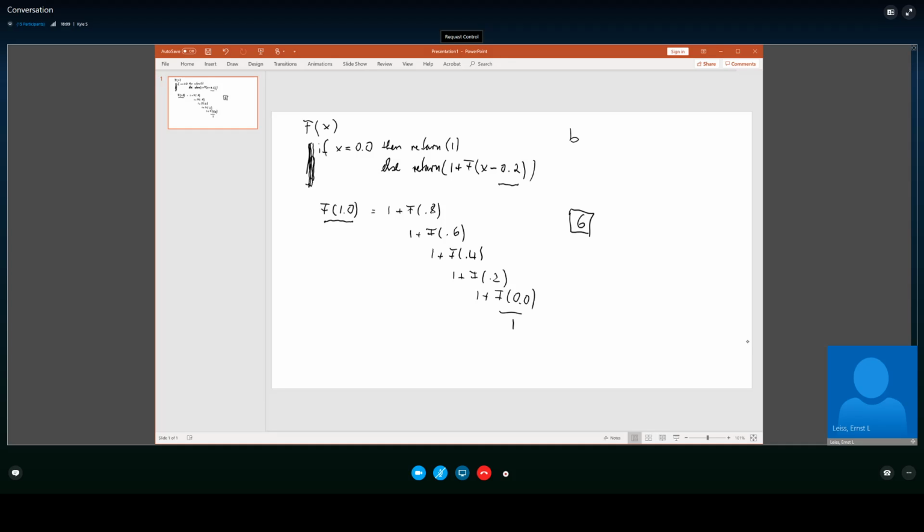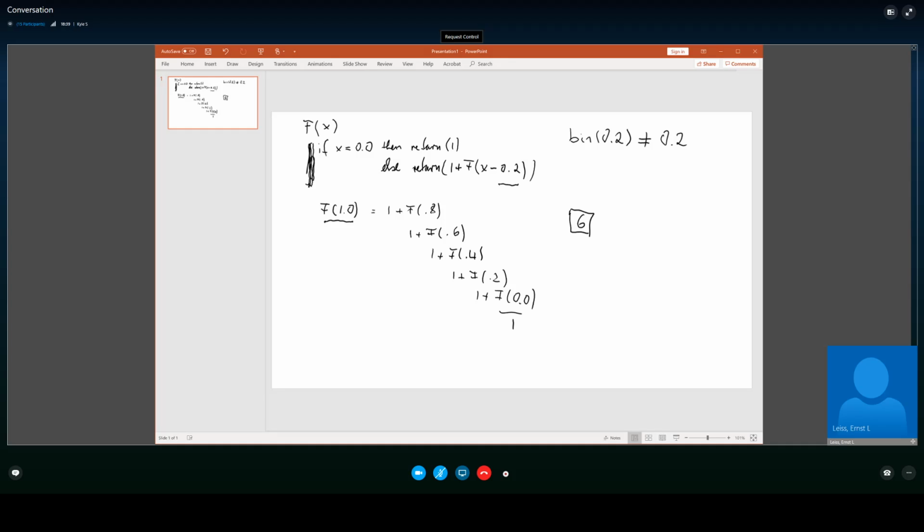So the binary representation of point 2 is different from the decimal point 2 that we have. Because in binary you can't represent 0.2 finitely.